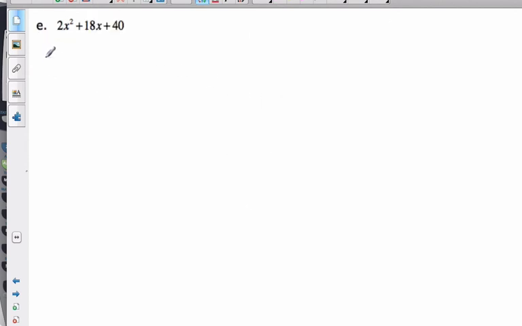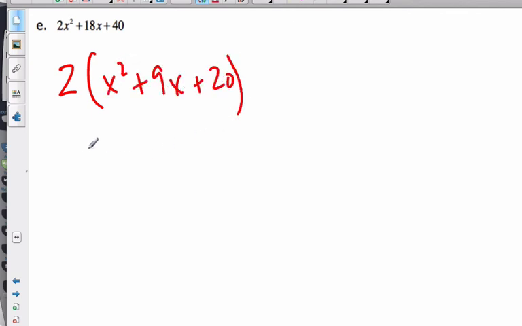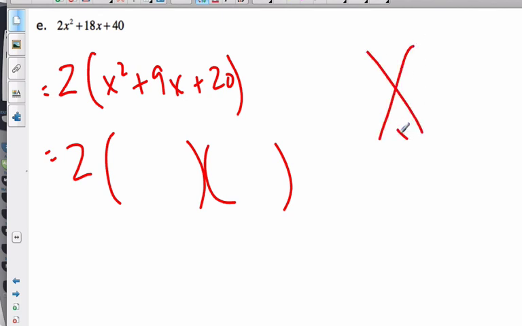This one here, first thing I always do is I'm going to look for a common factor, and there is indeed a common factor, x squared plus 9x plus 20. And if I think about it, what two numbers multiply to get 20, add to get 9? Well, that's going to be plus 5 and plus 4.